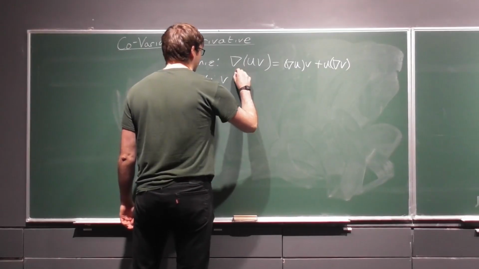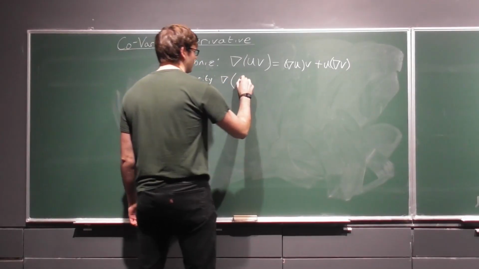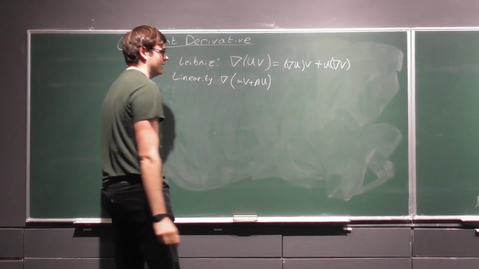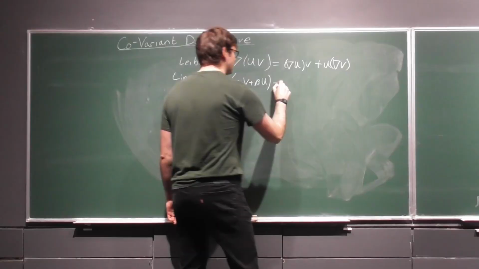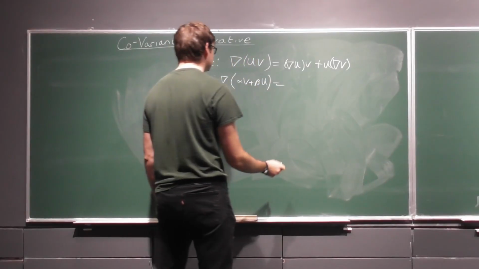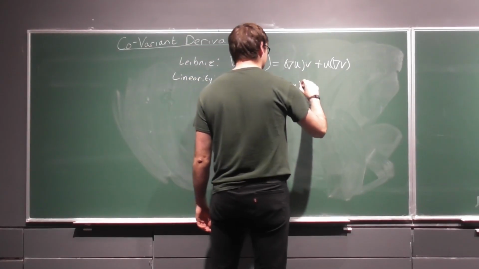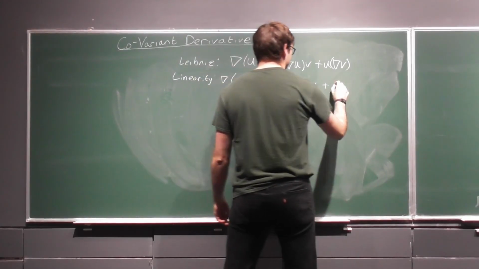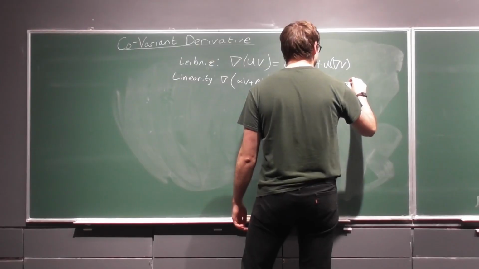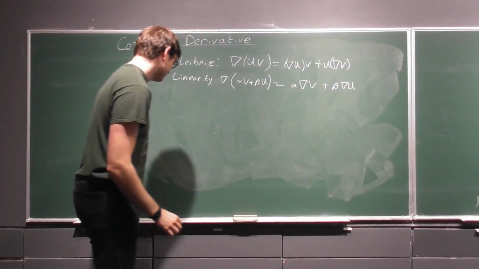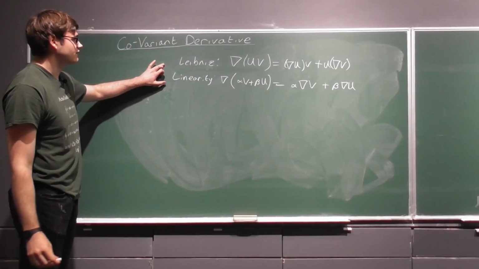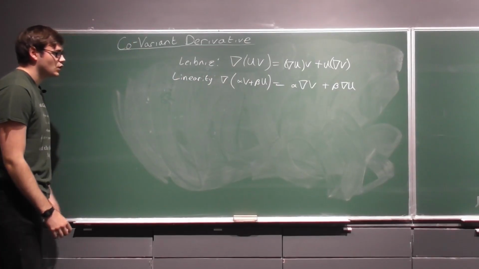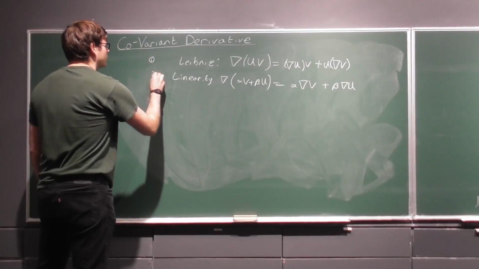If I take the covariant derivative of a linear combination of two vectors, where alpha and beta are constants, then the constants, as in differentiation, shouldn't matter, and this should just expand as follows. So these two make this covariant derivative operator a linear operator. We'll call that 1, 2.